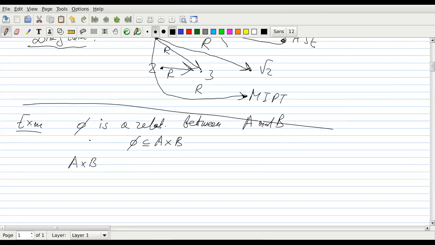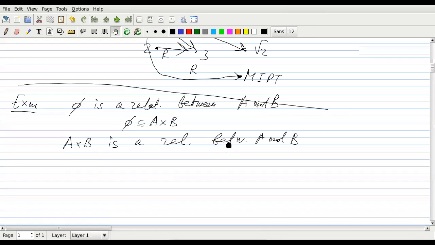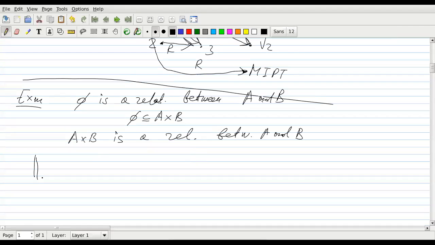So do you agree that the empty set is a binary relation? Yes. Why not? Of course. A times B is a relation between A and B. Do you agree? So you may take all possible arrows, all possible pairs.